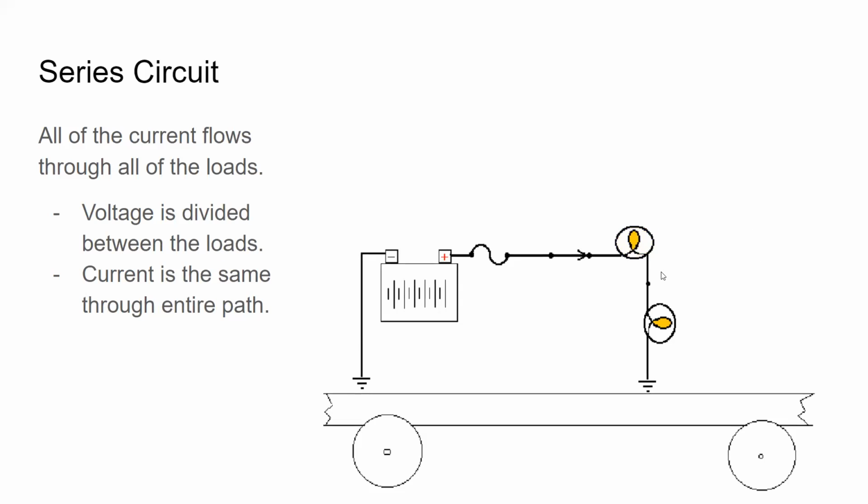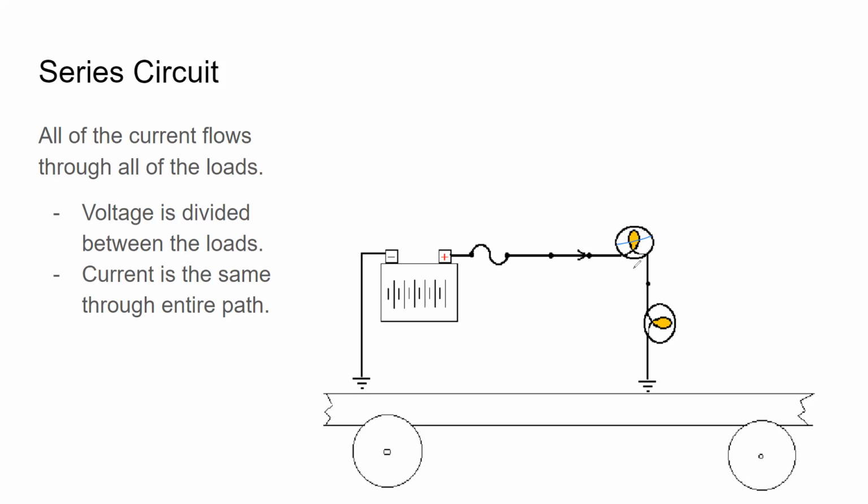In this arrangement, I've got two bulbs in series. If one of the bulbs is broken, if I cut that bulb in half, breaking the filament inside that bulb, current can no longer flow through that bulb, which means this bulb gets no current at all, and both of the bulbs are effectively dead at this time. So that's something to consider with the series circuit.